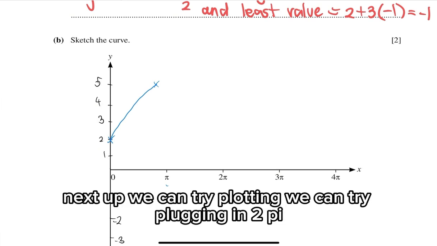And next up, we can try plugging in 2 pi.